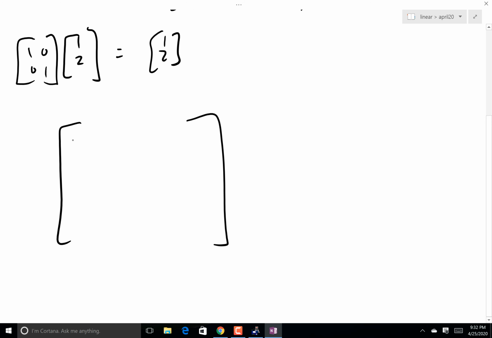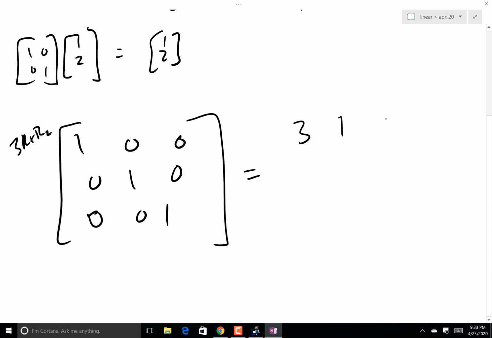But the main ones are going to be stuff like this. So for instance, 1 0 0, 0 1 0, 0 0 1. Suppose I did 3R1 plus R2 and wrote the answer right on the top row. That'd be 3 plus 1 and then 0. And then let's say in the middle row, I took R2 plus 4R3 minus R1 because I feel like it.